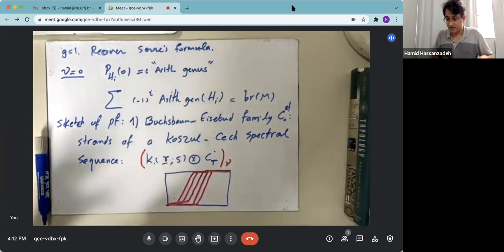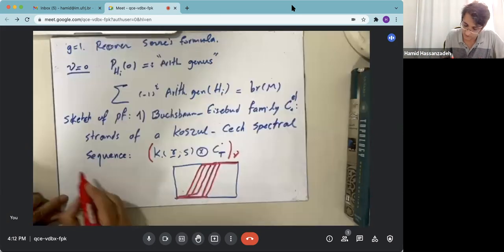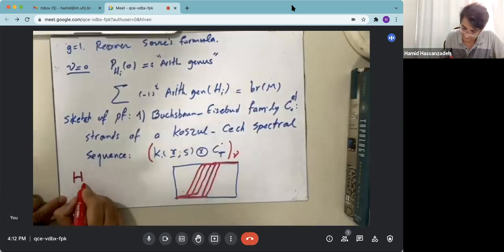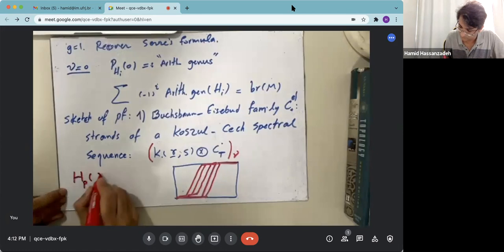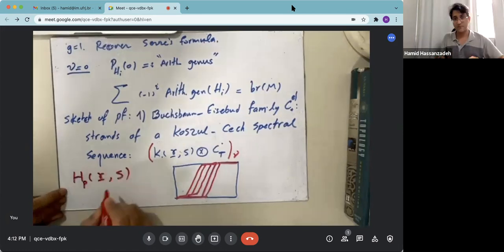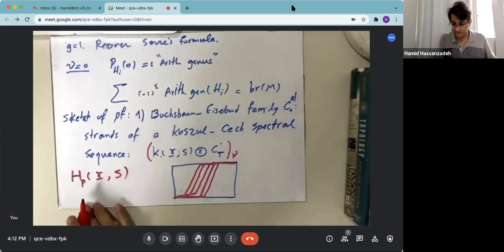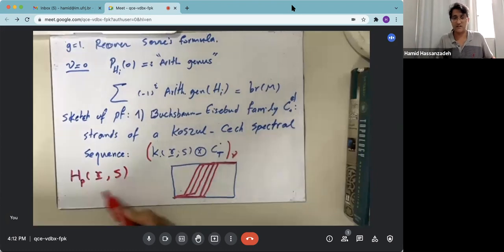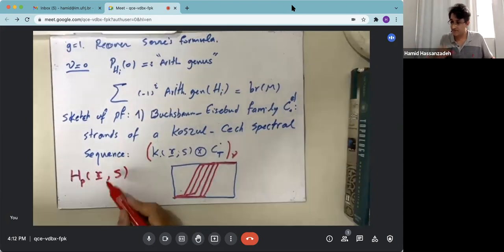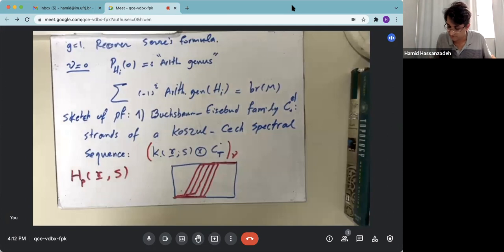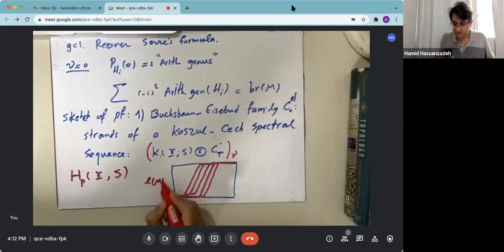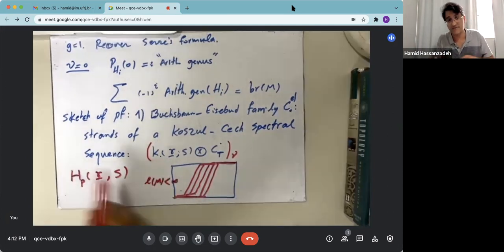The next step was that, okay, when you look at the homology of the Koszul complex here, these are not finite length things. These are not finite length modules, even if the module M is of finite length. These Koszul homologies are not finite length because you have new variables here.